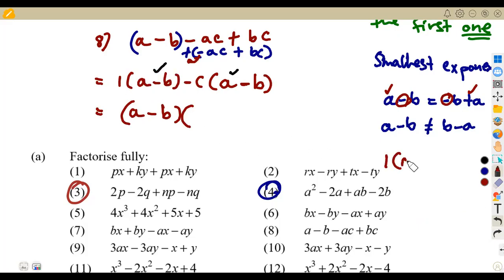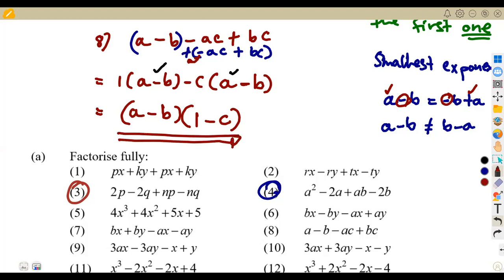So it's 1 into A minus B, divided by A minus B. As you can see, this will cancel, we remain with a 1. The same thing, this will cancel, I remain with minus C in this case. So that is what you're going to have at the end. You can consider this as our final answer.